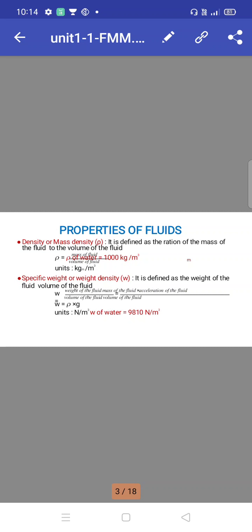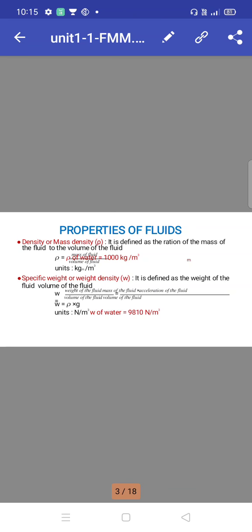So the mass is converted into weight by multiplication of the gravity. So here the weight of the fluid or specific weight or weight density of fluid is equal to Newton per meter cube. So Newton specifies the weight and meter cube specifies the volume.